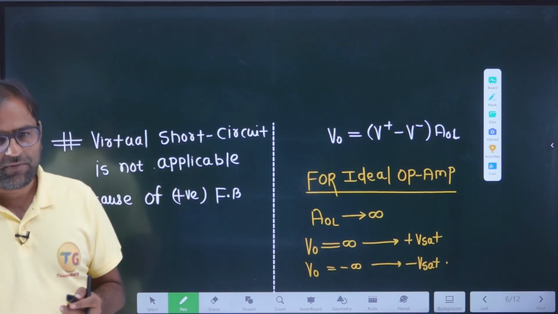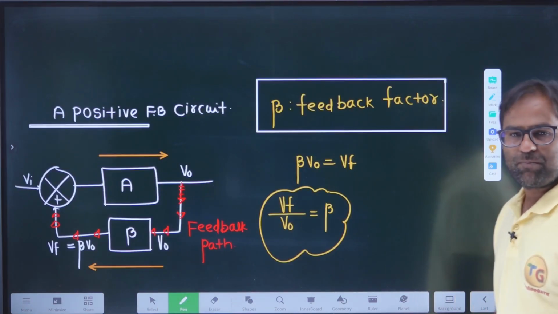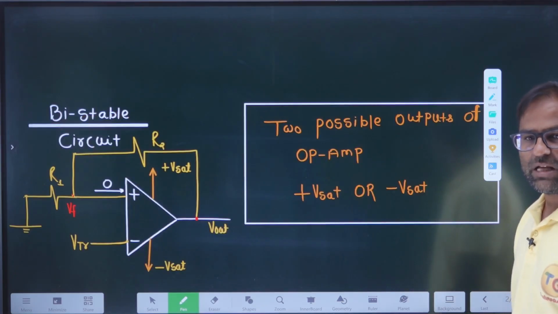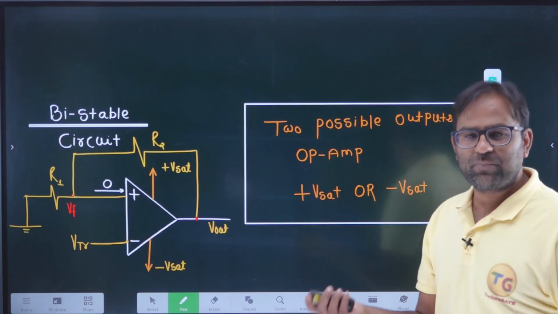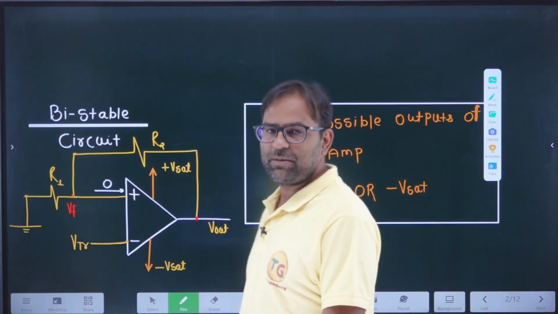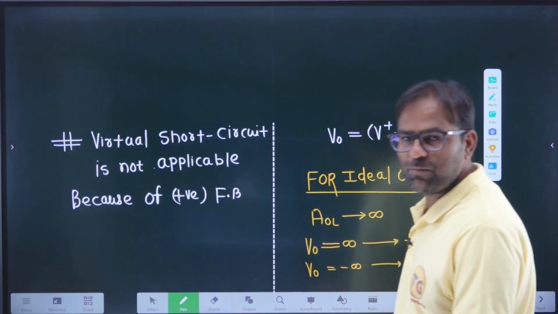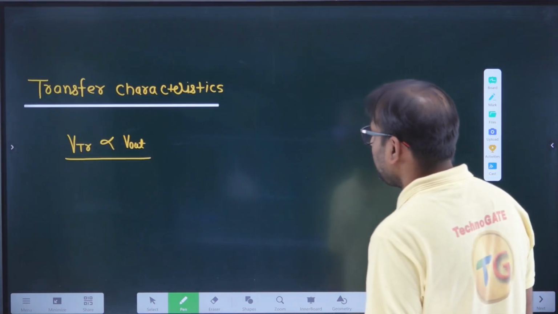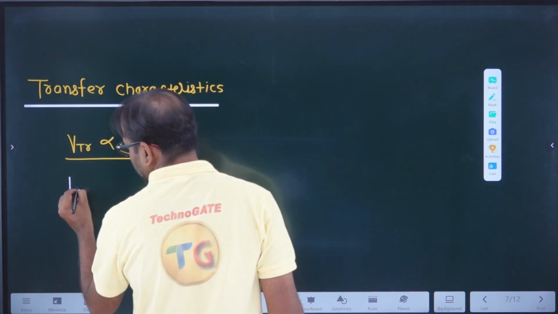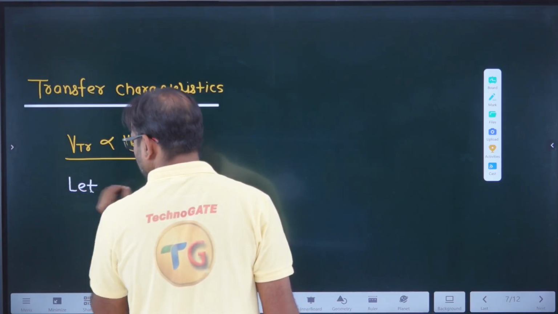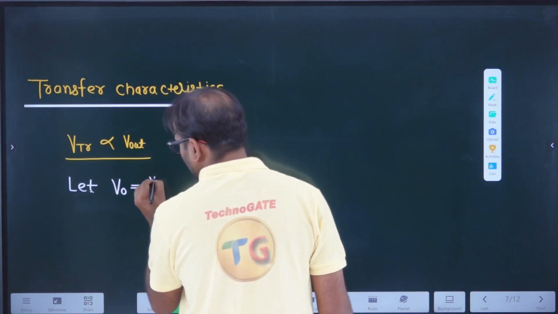Now what else do we have? Let's say we are taking our circuit at plus V saturation. I am assuming that at first my circuit is in the first state; the moment you turn on this multivibrator, the state at the output is plus V saturation. We will take both cases. So let Vout equal V saturation.